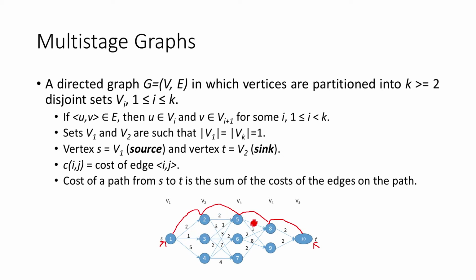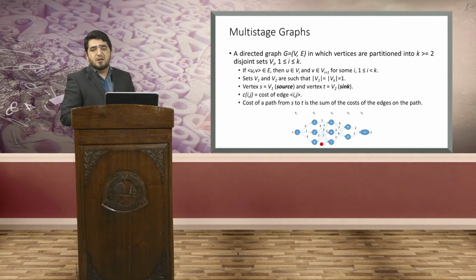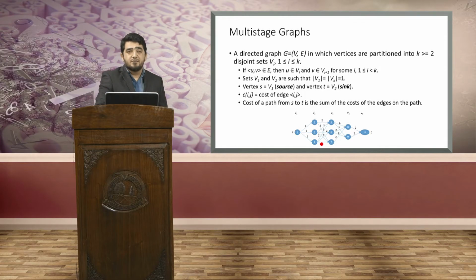That is the cost of edge 1 to 2, plus the cost of edge 2 to 5, plus the cost of edge 5 to 8, and then add the cost of edge 8 to 10. So this is a simple representation of multistage graphs.